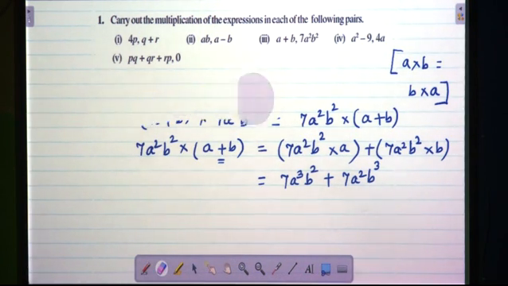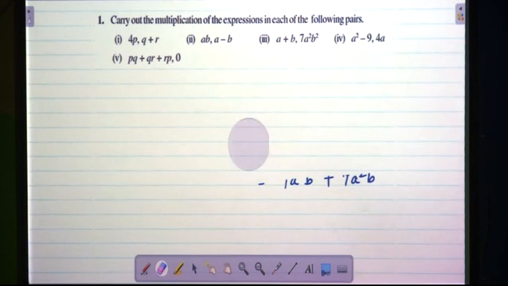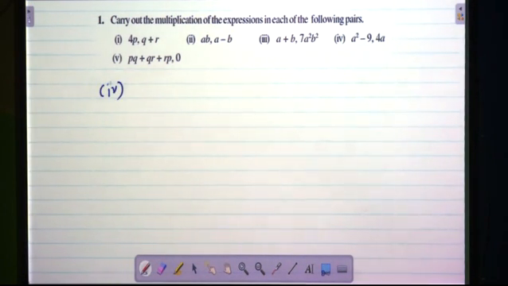Now, we shall solve the fourth sum. What is the fourth sum? The fourth sum is a square minus 9 is one expression, 4a is the second expression. We have to do the multiplication. So, our fourth sum is a square minus 9, 4a.